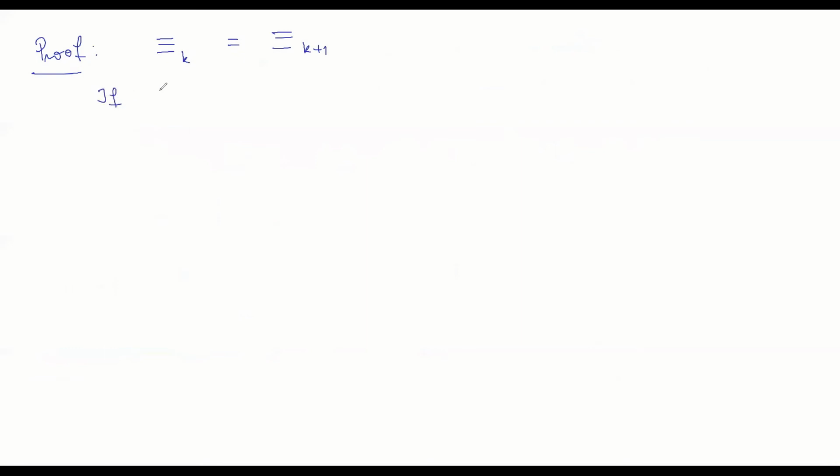If P is in this relation with Q, meaning P and Q are K indistinguishable, then because we have this equality, P and Q are also K plus 1 indistinguishable. That's what this equality means. That is the assumption of the lemma, that this equality holds.